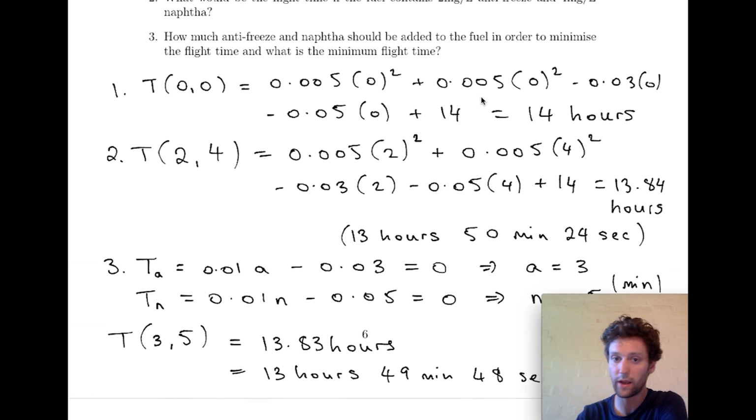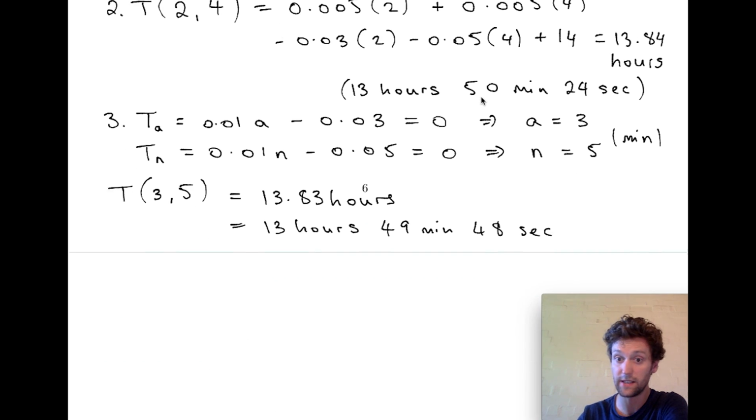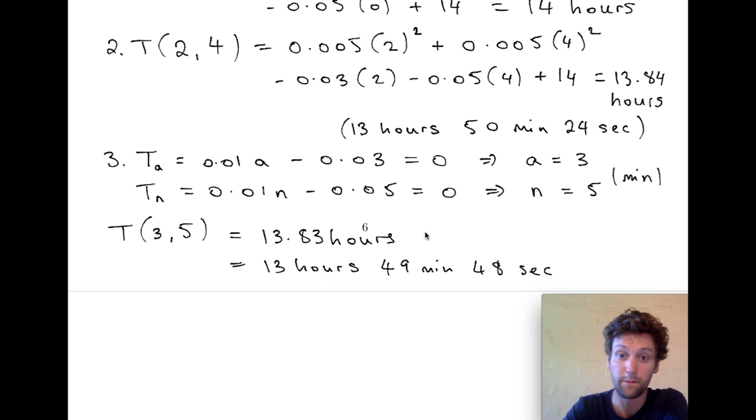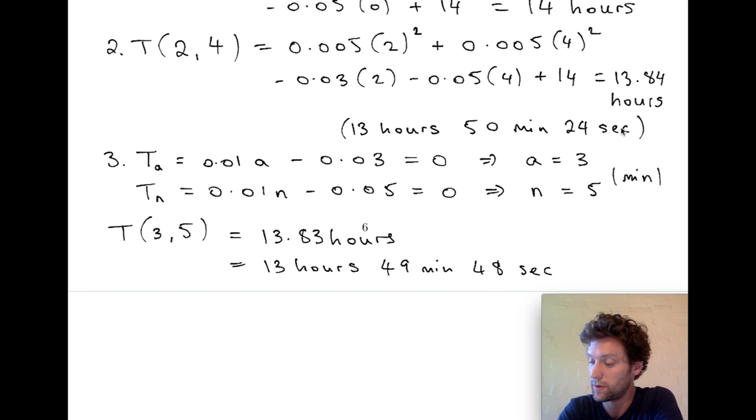So you can see that I've gotten quite close to the ideal time. So either I've gone 13 hours 49 minutes 48 seconds compared to 13 hours 50 minutes 24 seconds.